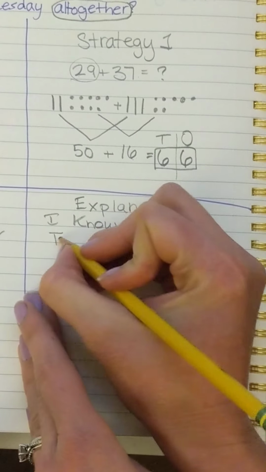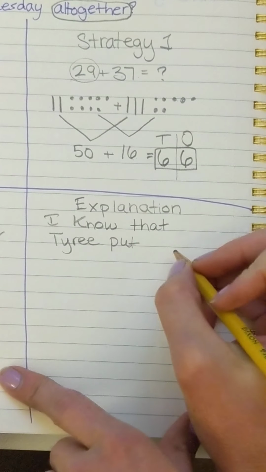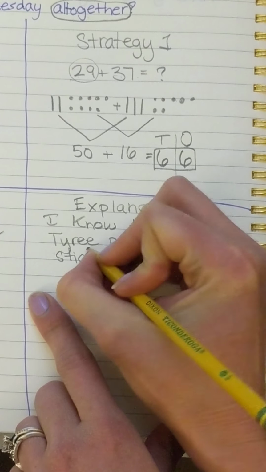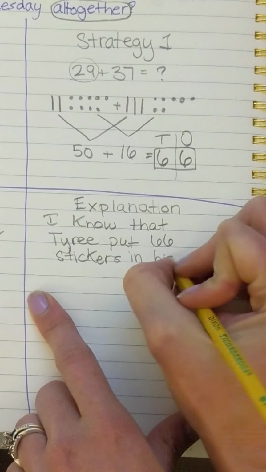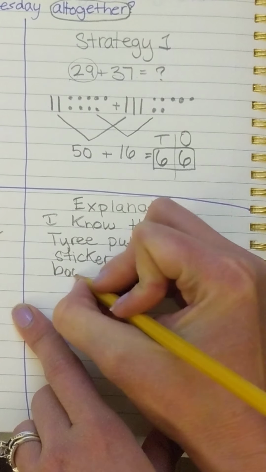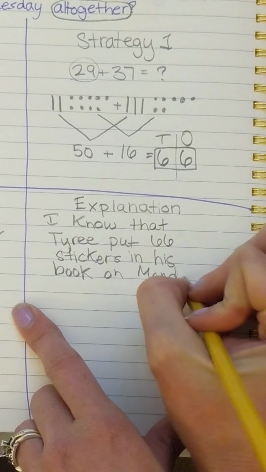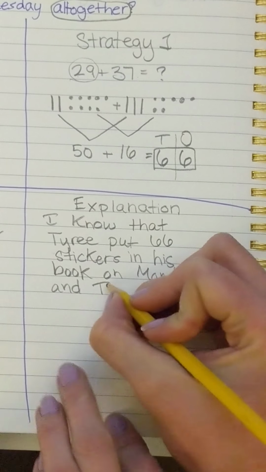I know that Tyree put 66 stickers in his book on Monday and Tuesday all together.